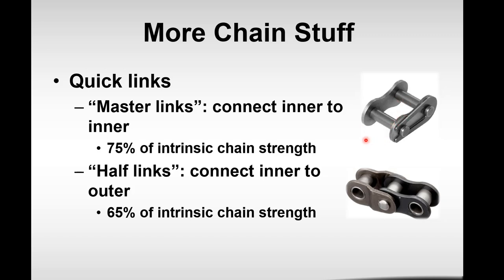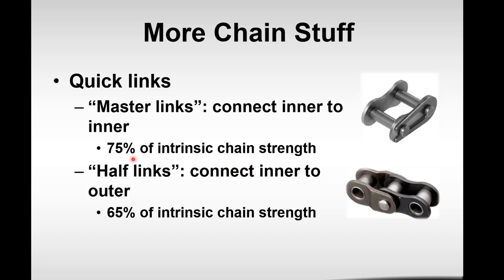If you have an odd number of links, then you have to use these half links. You can see that on one side it's an inside link and on the other side it's an outside link. Trying to transmit tension through this offset, instead of through a straight piece like this, obviously puts more stress on it.